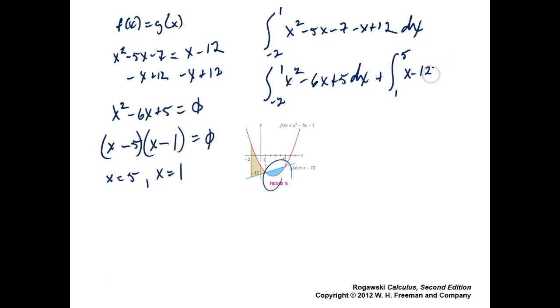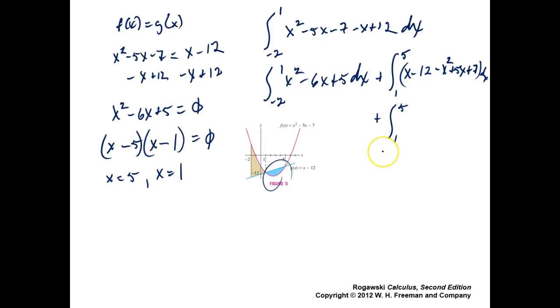x minus 12 minus x squared plus 5x plus 7 dx. Okay, I'll put it in parentheses, and let's simplify that one a little bit.